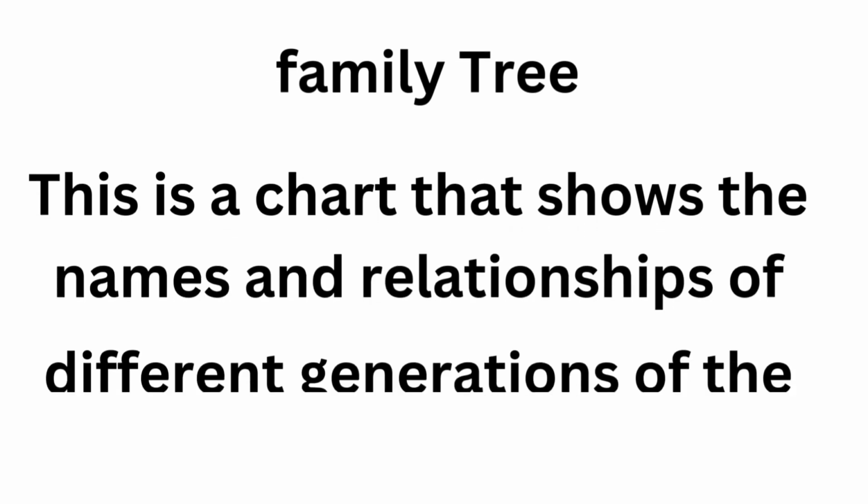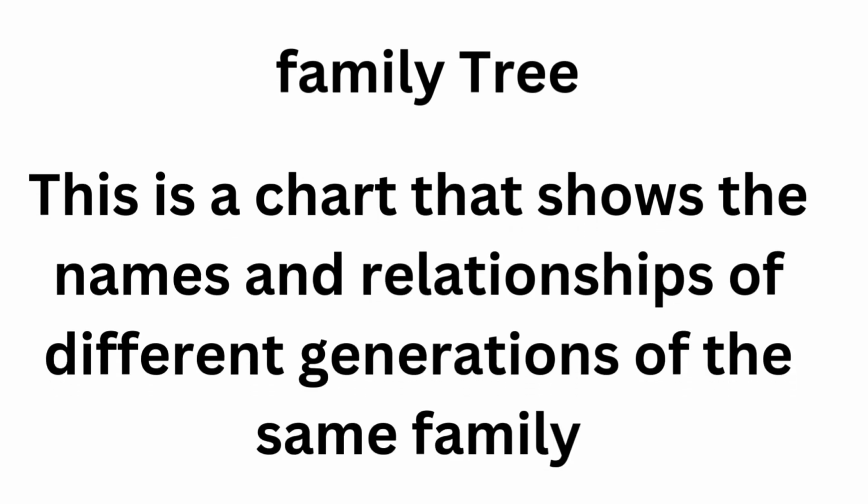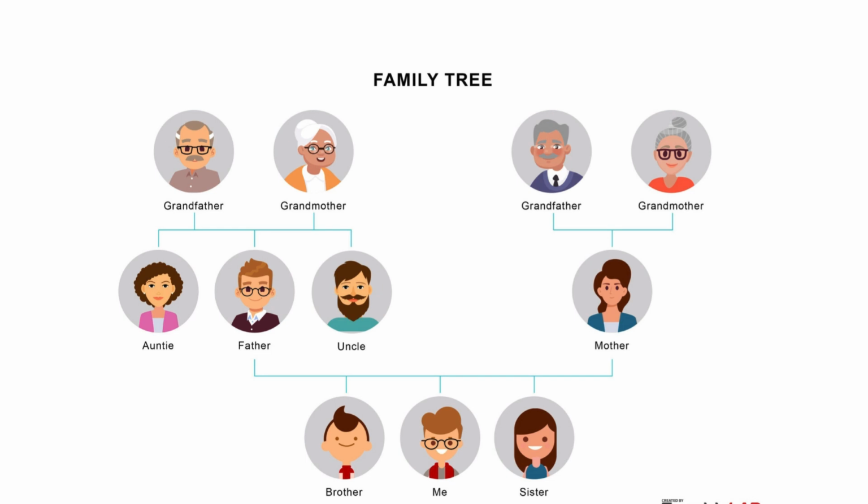This is a chart that shows the names and the relationships of different generations of the same family. For example, the family tree would show your grandparents of both sides. So you would have the parents of your mother's side, and then you'll have the parents of your father's side. And on your mother's side, you might have one auntie, one uncle.